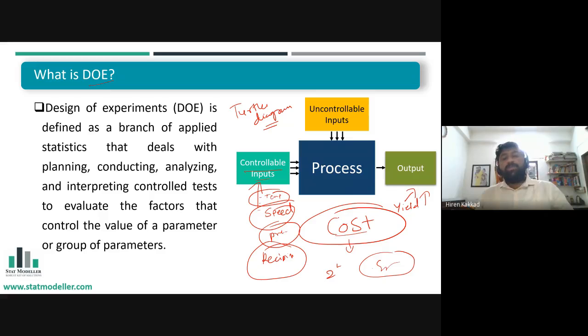So we have to design in the best possible way, so that they give you permission to conduct the experiment. So cost will be less, and with less trial and error, you will be able to give them the right combination out of this process.